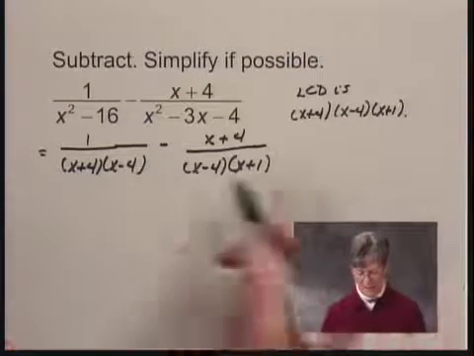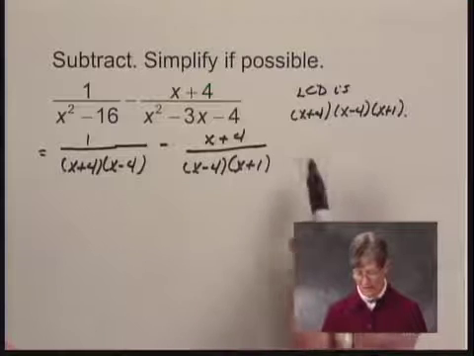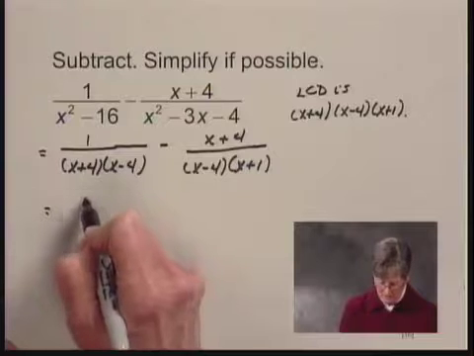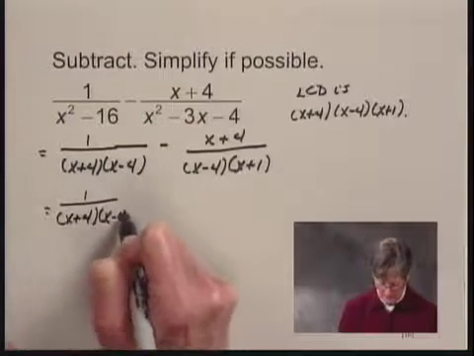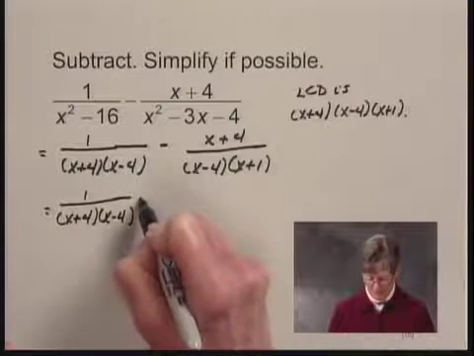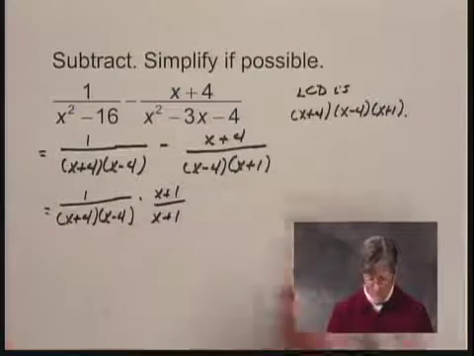And now we need to multiply each of these expressions by a form of 1 to get this denominator in each of them. So with this first one, 1 over x plus 4 times x minus 4, this denominator lacks the factor of x plus 1. So we'll multiply by x plus 1 over x plus 1.